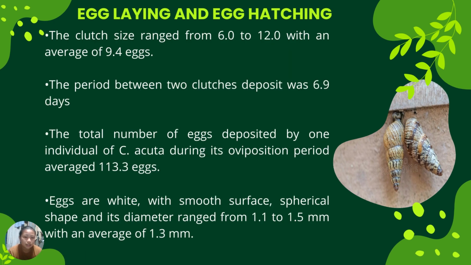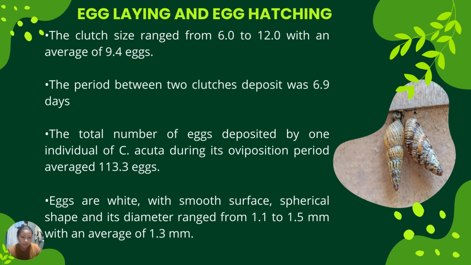The clutch size ranged from 6.0 to 12.0 with an average of 9.4 eggs. The period between two clutches deposited was 6.9 days.